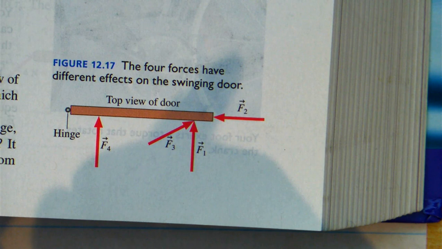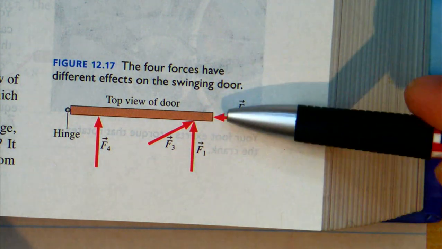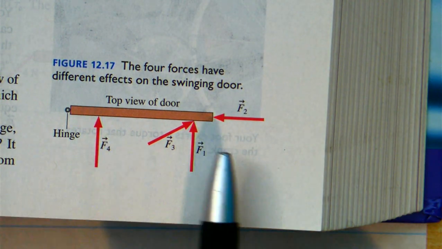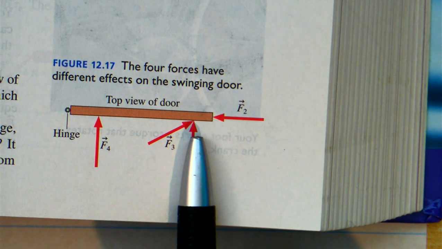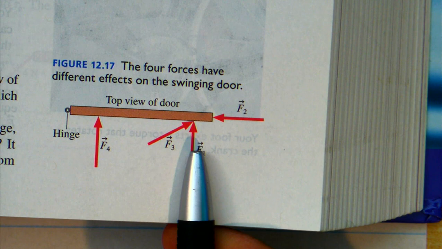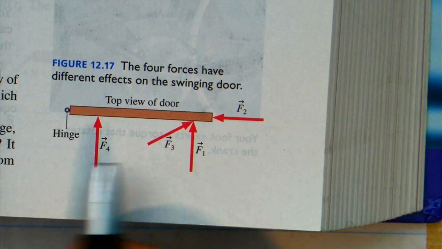Well, the sine of 180 degrees is 0. So this does nothing to open a door. Here, r is 3 or 4 times greater than it is for that r. So the torque here is proportionally 3 or 4 times greater than the torque there if the two forces are equal.